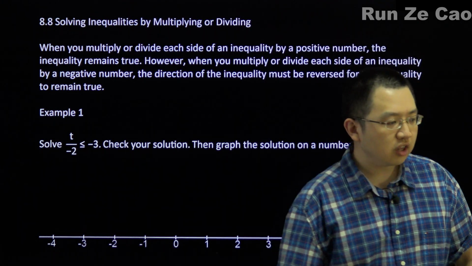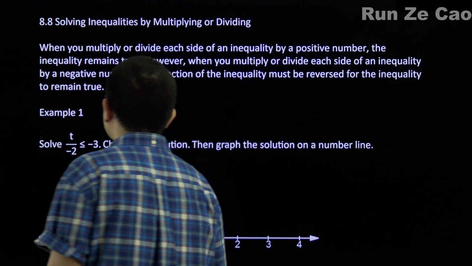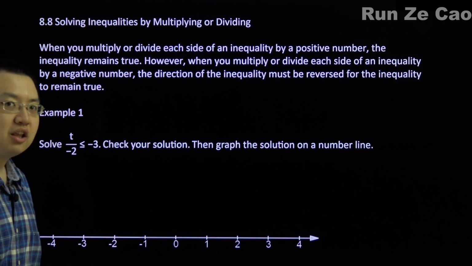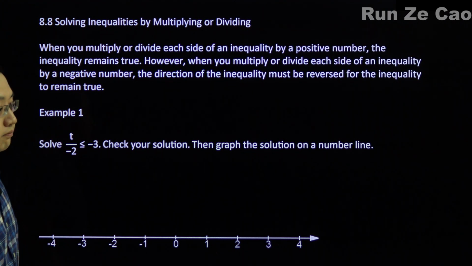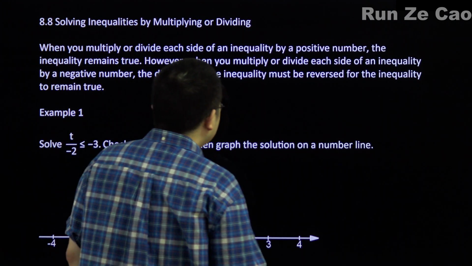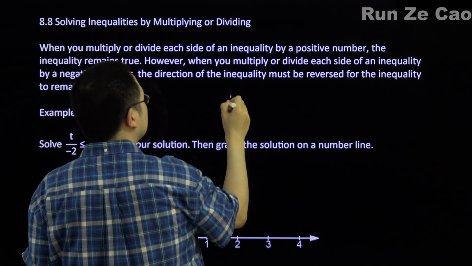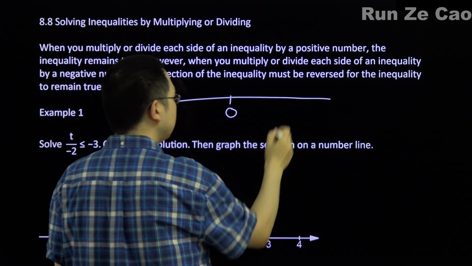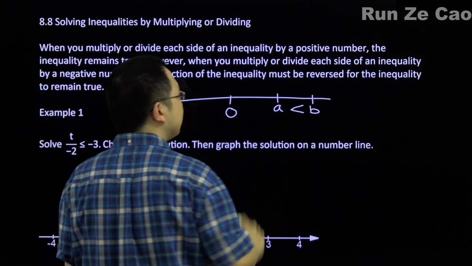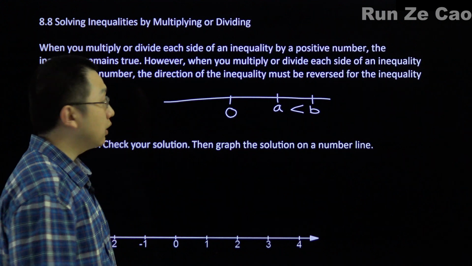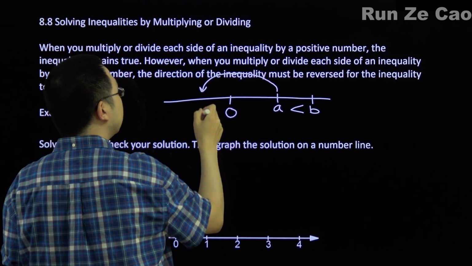Solving inequalities by multiplying or dividing. If you multiply or divide each side of an inequality by a positive number, the inequality remains true. However, imagine we're comparing two values. So 0 is over here, and we got A and B. Now we know that B is going to be bigger than A, right? Okay then, what if we flip this over?